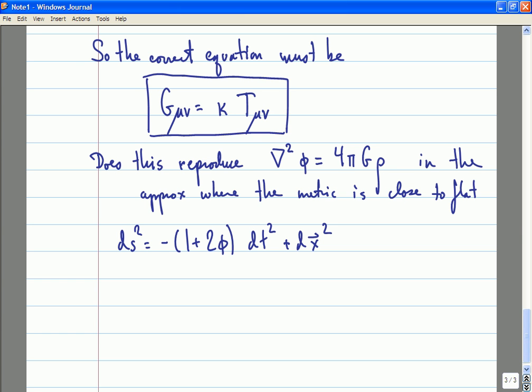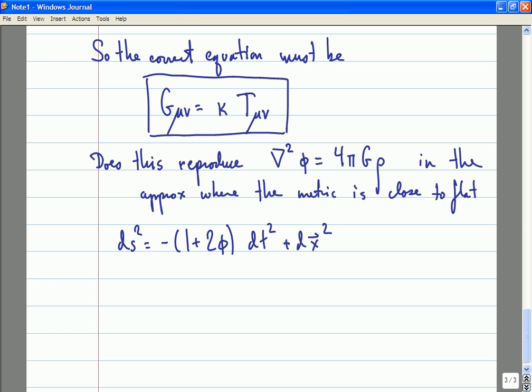This is probably the most important check that general relativity will reproduce all of the familiar rules of classical Newtonian physics, which have been verified so well. So this is the first, well, maybe the second if you include our discussion of the geodesic equation, so this is the next non-trivial check of the consistency of general relativity as a theory of gravity.